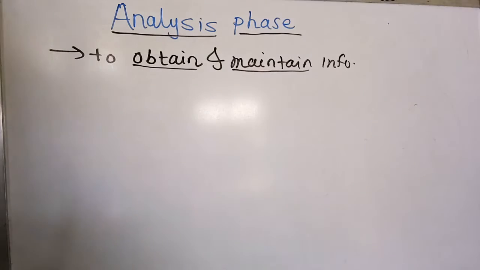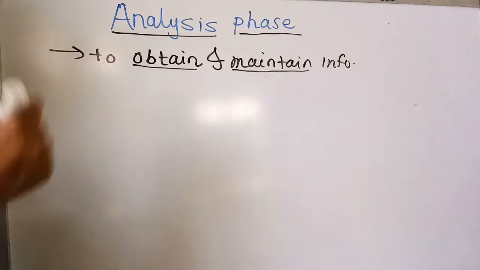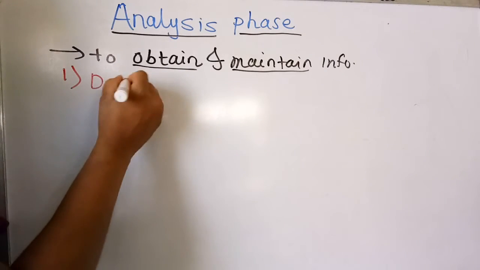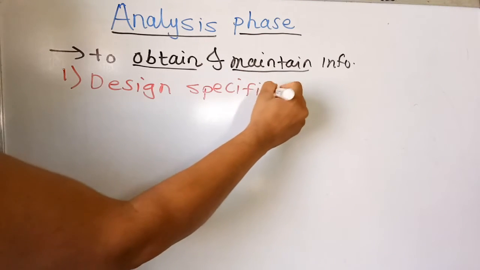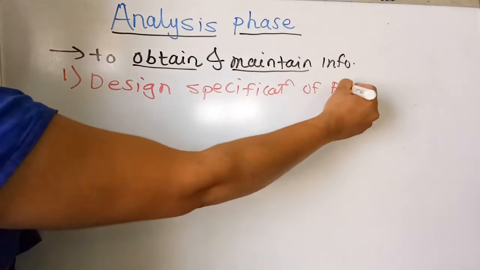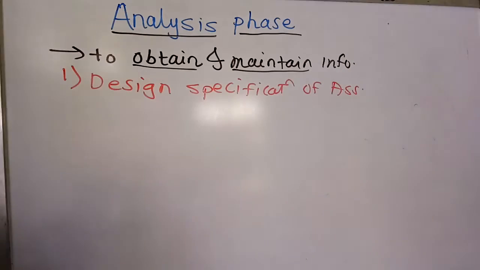There are different steps involved in the analysis phase, and the first step is the design specification of the assembler. What does this design specification of the assembler mean?